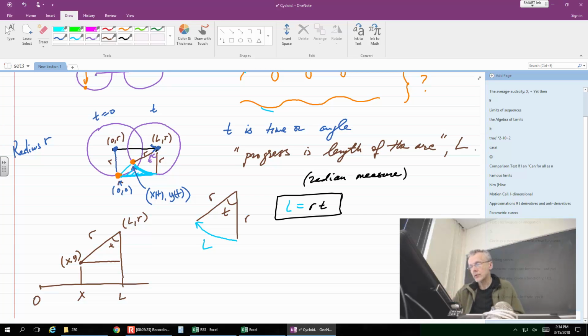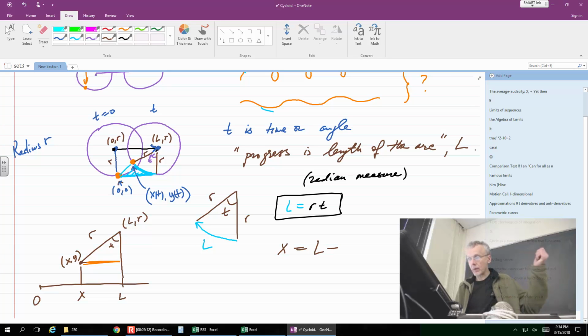So let's find x, and how? Simply x is equal to L minus this distance, right? So this is L, the big one, and then if I subtract the length of the bottom of the triangle, I'll have my x.